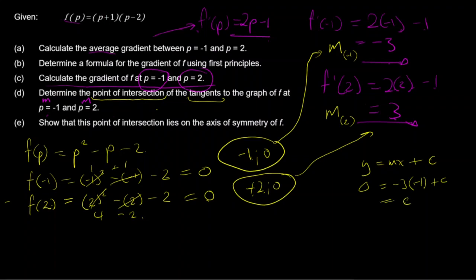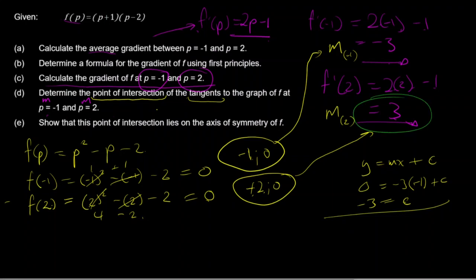Therefore for this one, c is equal to -3. For the second one, we'll have again 0 is equal to 3 this time, our x value is 2, plus c. Therefore c is equal to -6.